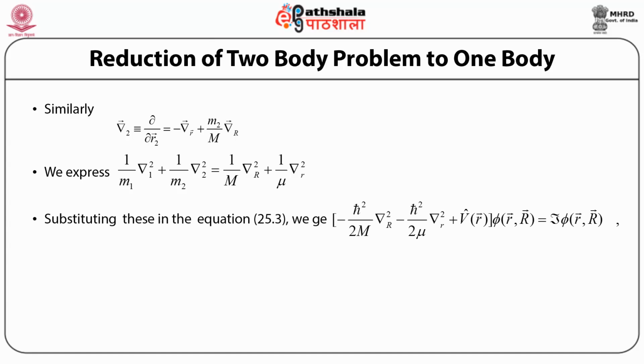Now substituting these in equation 25.3, we get minus h-cut squared by 2M del capital R squared minus h-cut squared by 2 mu del small r squared plus V(r vector) multiplied by phi(small r vector, capital R vector) equal to tau multiplied by phi(small r vector, capital R vector), where phi(r1, r2) equals phi(r vector, R vector) and mu is equal to small m multiplied by capital M divided by m plus M.